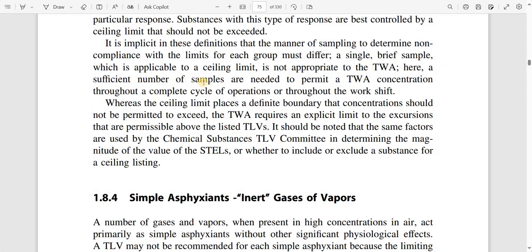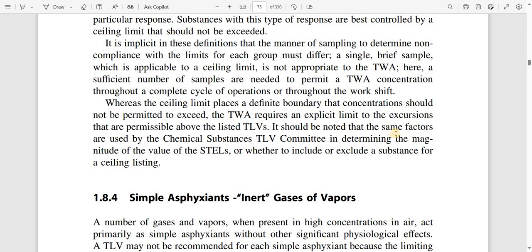A significant number of samples are needed to permit a TWA concentration throughout a complete cycle of operation or throughout the work shift, whereas the ceiling limit places a definite boundary that concentration should not be permitted to exceed. The TWA requires an explicit limit to the excursions that are potentially above the listed TLVs.